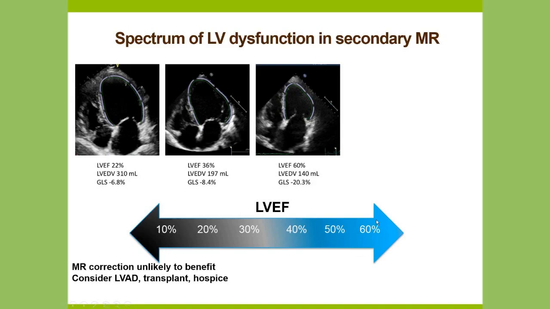On the other hand, if you're over here, like the patient I just showed you with an EF of 60, you know, the heart failure is not due to LV dysfunction. The MR should be corrected even though it's secondary MR. And what we really don't know is where on this spectrum is the patient likely to benefit from MR correction. We still have to do more and more studies and figure this out.